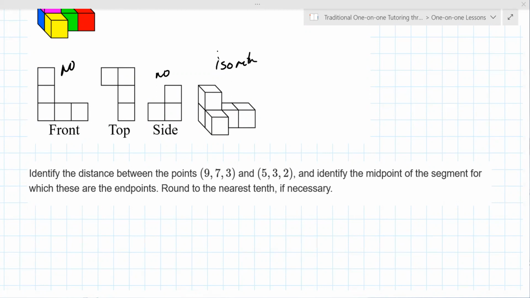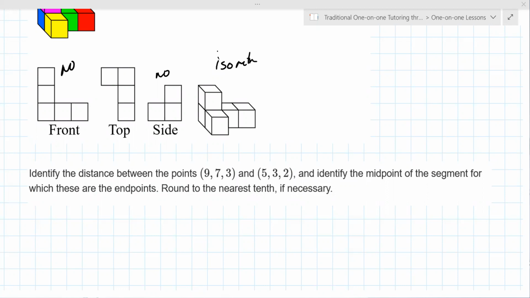Okay. Okay, I get 7, 5, and 2.5. That's good to me.